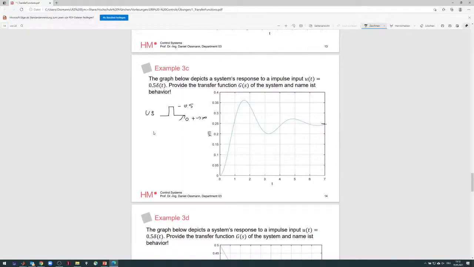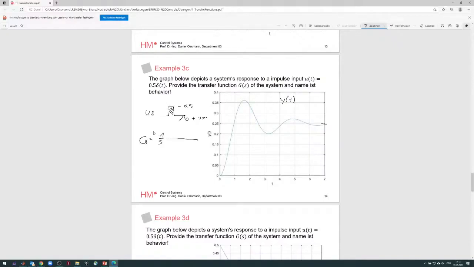This output, y of t, is not 0, right? So it cannot be proportional, because if I multiply 0 by something constant, it's going to be 0. To get from 0 to a constant value, I need to integrate over this guy. So it needs to have an integral element here. So our G of s needs to be 1 over s something.